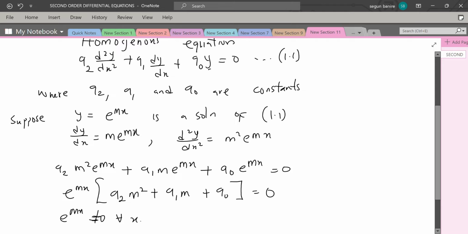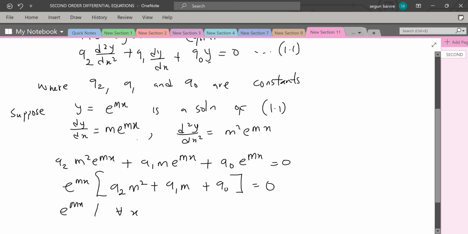For all x, there is no way you can have 0. It is always greater than 0, no matter whether x is negative or positive.